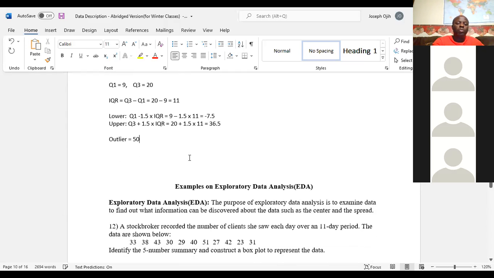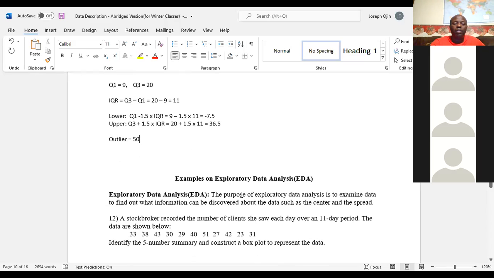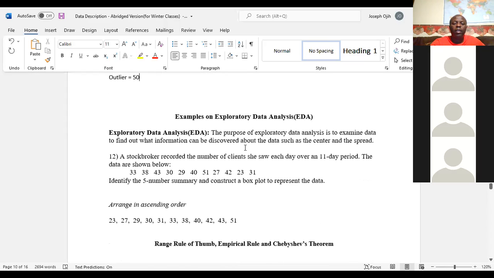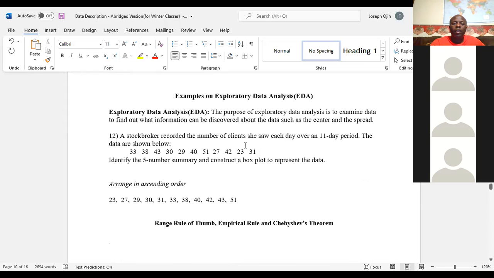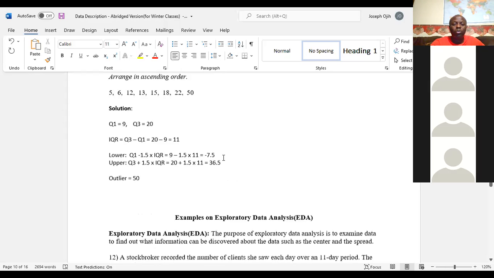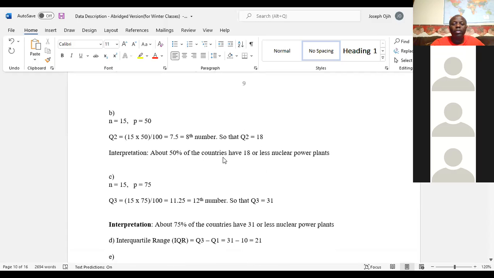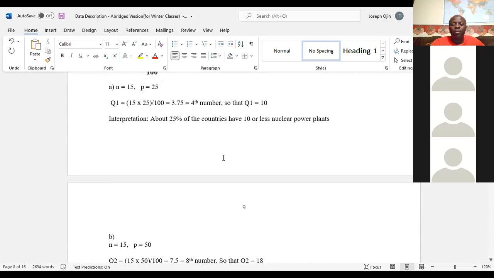So now, since there's no more question, we can look at exploratory data analysis. The purpose here is to examine data to find if there is any center or spread in it. Usually the question will say, find a 5-number summary of that data set. I have already shown you how to calculate Q1, Q2, and Q3, so I'm not going to repeat them here.